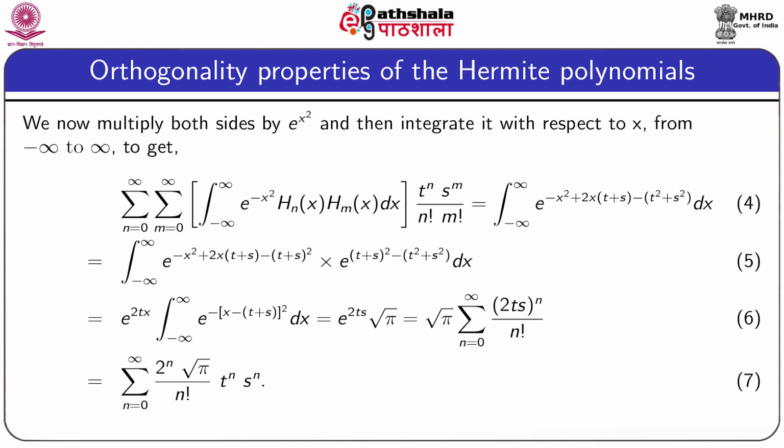Expanding e to the power 2ts in exponential, we will get this is equal to root pi summation n equal to 0 to infinity (2ts) whole to the power n by n factorial, given by equation 6, and this can be written as summation n equal to 0 to infinity 2 to the power n into root pi divided by n factorial t to the power n s to the power n, given by equation 7.